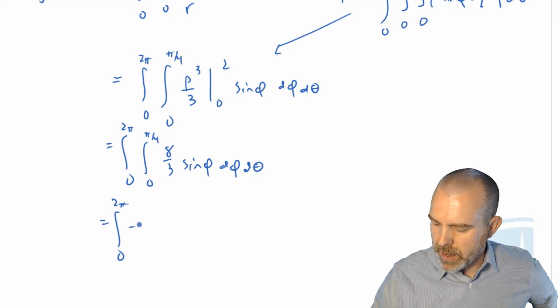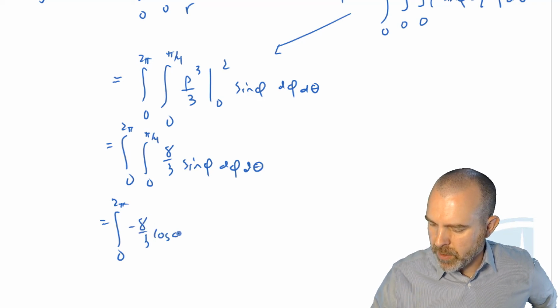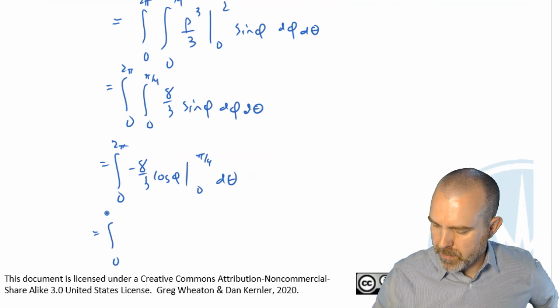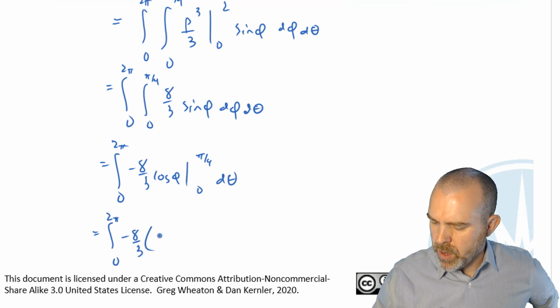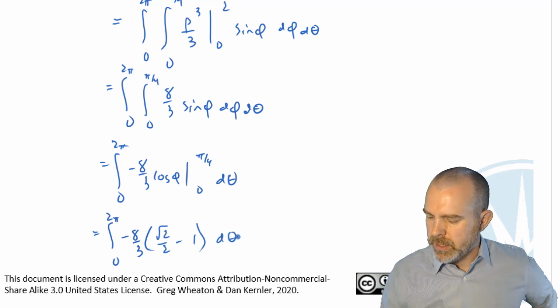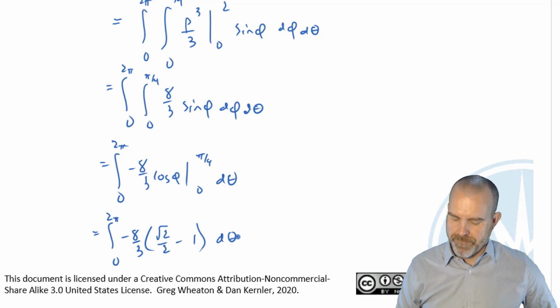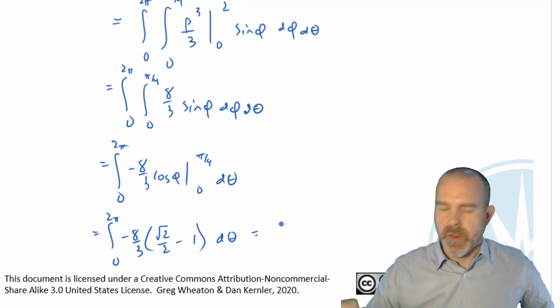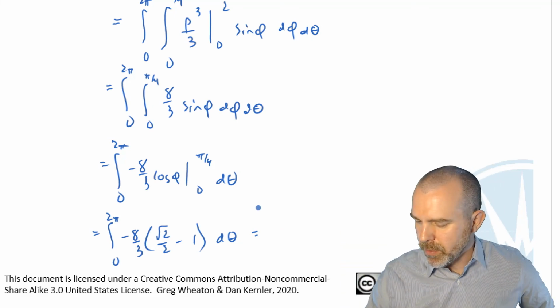And then negative 8/3 cosine phi from 0 to pi over 4, d theta. Cosine of pi over 4, square root of 2 over 2, minus 1, d theta. And we'll just multiply that by 2 pi, because you integrate theta from 0 to 2 pi.